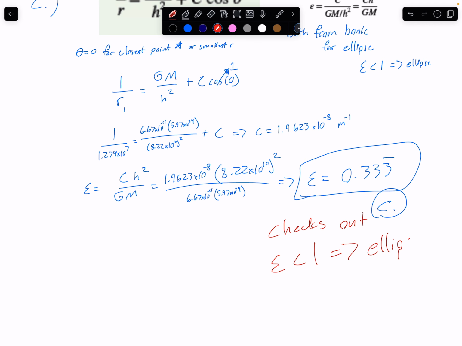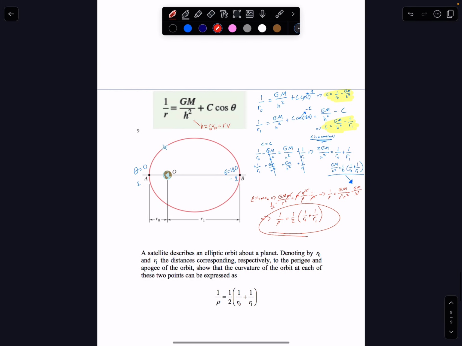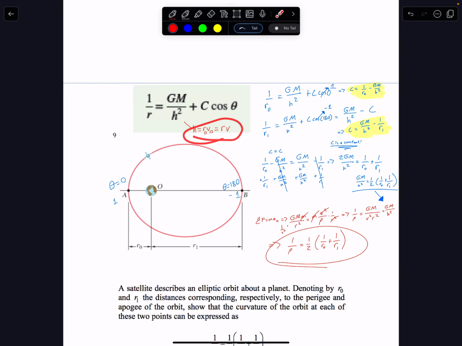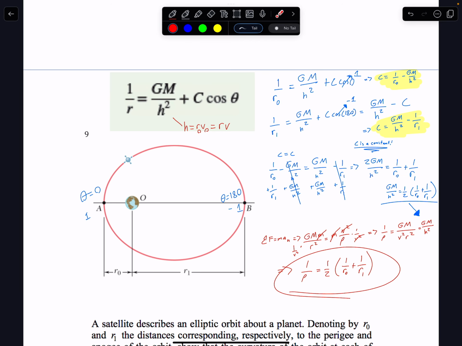equals ellipse. And for number 9, we are going to use the same equation, and we know that angular momentum is conserved. Again, h equals r0 times v0 equals the radius times velocity at any point. So here, do a bit of setup, a bit of rearranging.